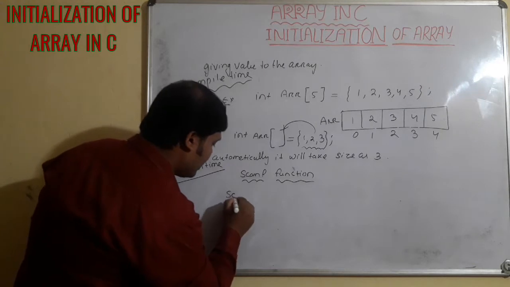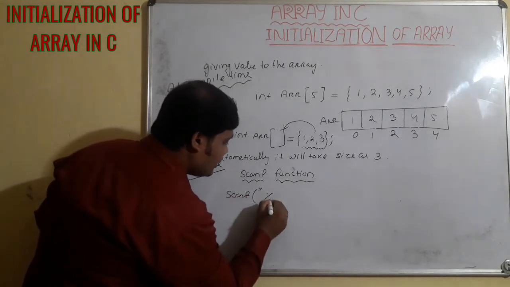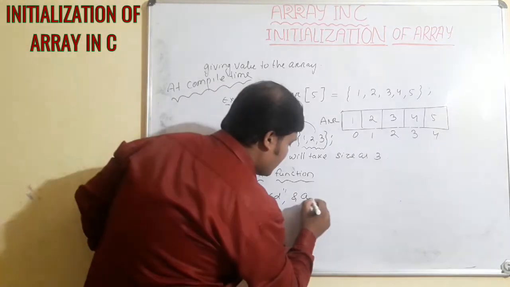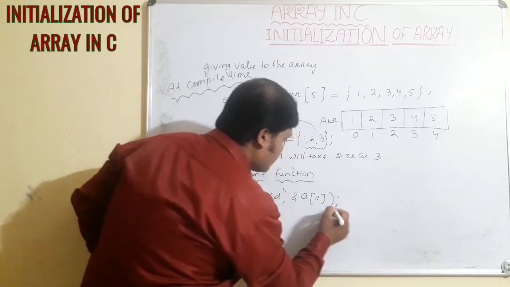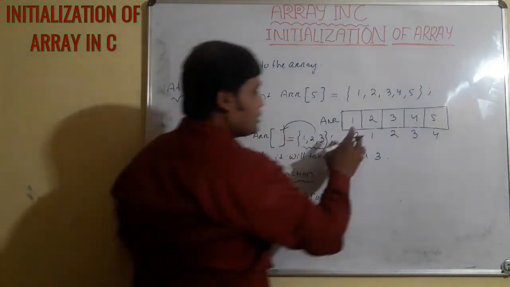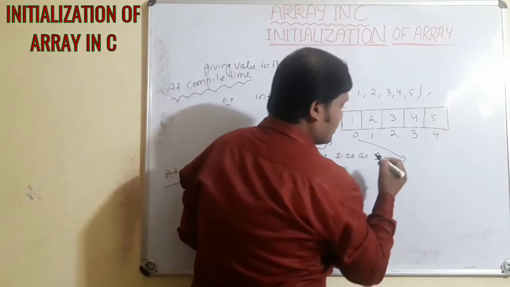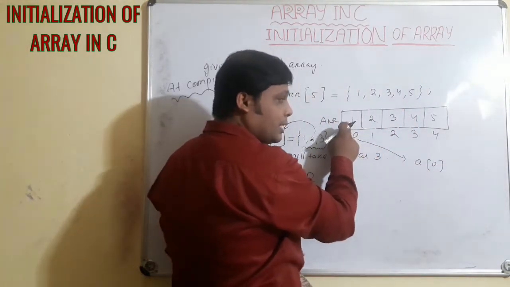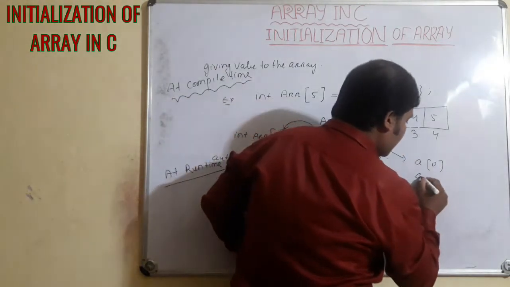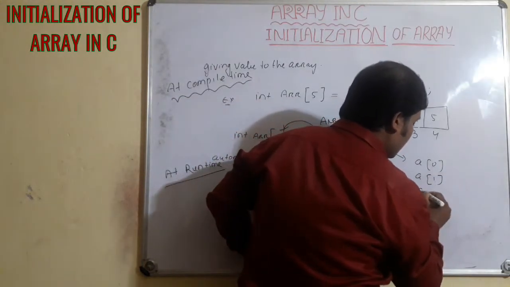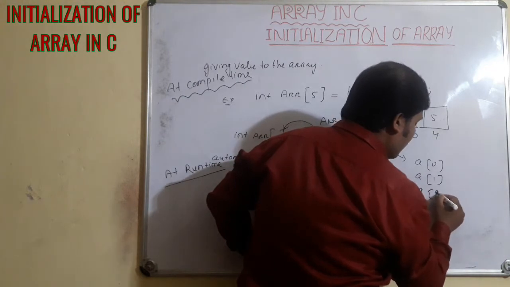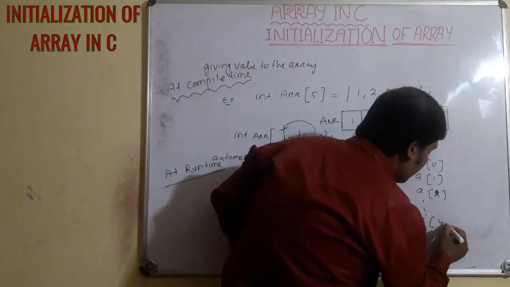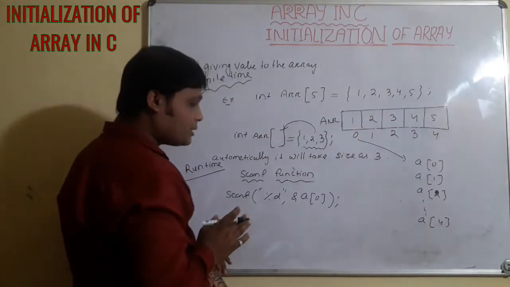Suppose scanf %d, ampersand a of 0. Because I have already discussed, the first element is a of 0, the index is 0. The second element is a of 1. The third element is a of 2. Clear? Like this, the last element is a of 4 because I have taken 5 elements.